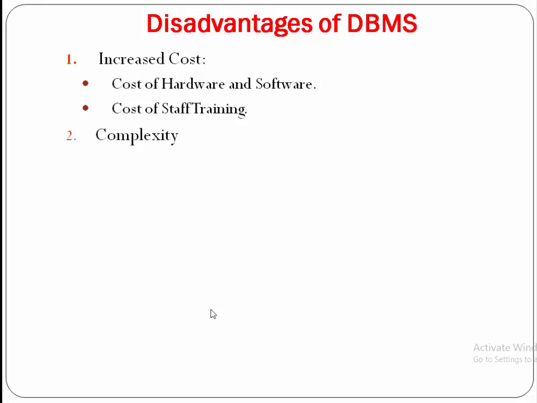For proper use of a DBMS, it is very important for the developers, DBA, designers, and end users to have good knowledge of it. If any one of them does not have proper skills, this may lead to data loss or database failure because of complexity. This is the main disadvantage of a DBMS.